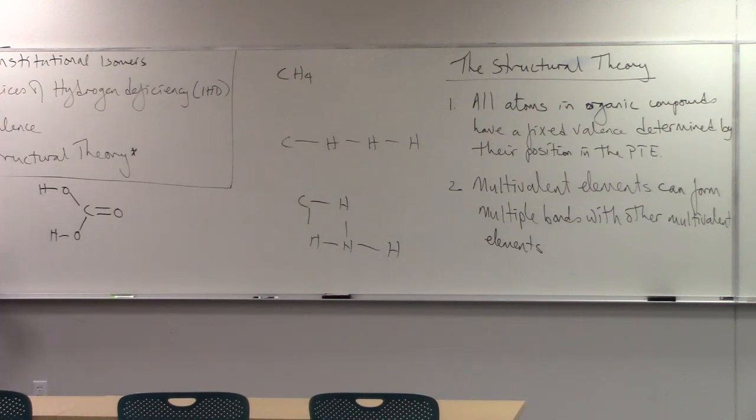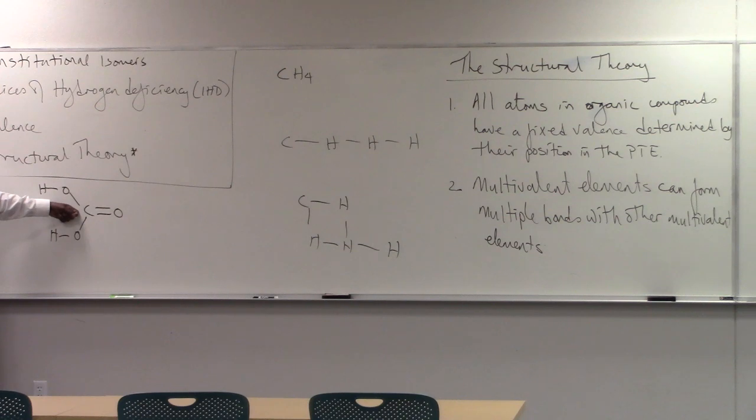So if I look at this compound, the H is monovalent and can only form 1 bond. The O is divalent, and it can express its divalence in 2 ways. Either it can form 2 single bonds, we talked about this in the last lecture, or it can form a double bond, and that's perfectly legal.